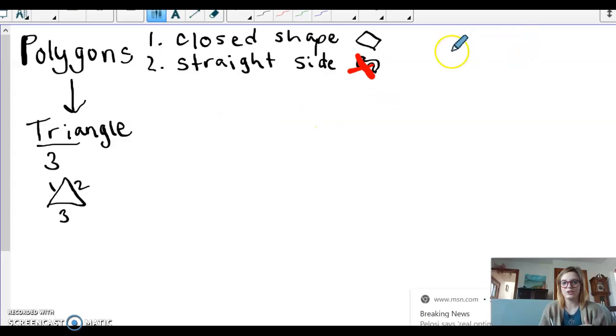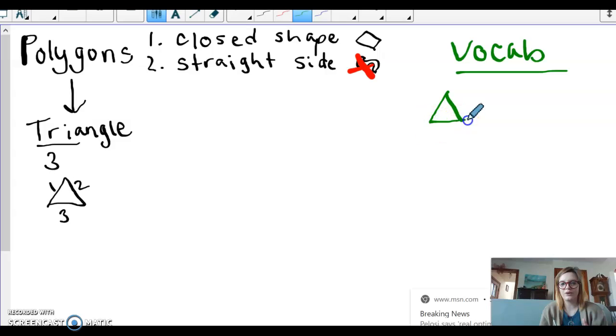And I know that I'm going to use some new vocabulary. So over on this section over here, I'm just going to dive into some vocab. And I'll put it in green so it's easy to stand out. I'm going to use an example triangle for my vocab. And here these are the sides or edges, those flat pieces.